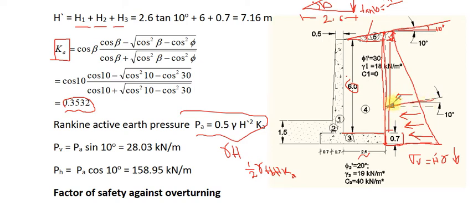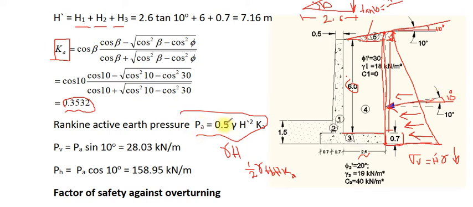The resultant has an angle with the horizontal line equal to the same angle between the surface of the backfill and the horizontal, also 10 degrees.